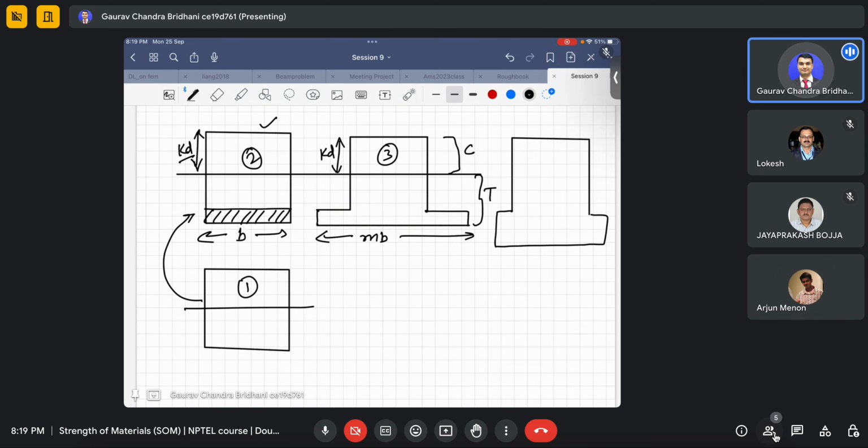So you have to divide it into 2 parts like this, this one and this one, and find the forces in the 2 differently. The stresses will be the same, but the area will increase, correct?